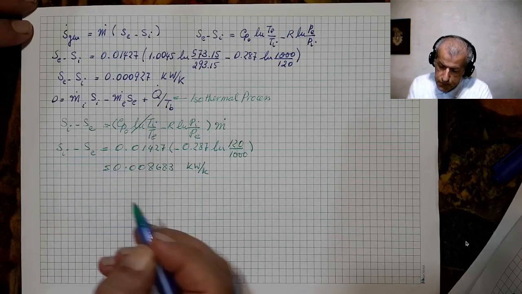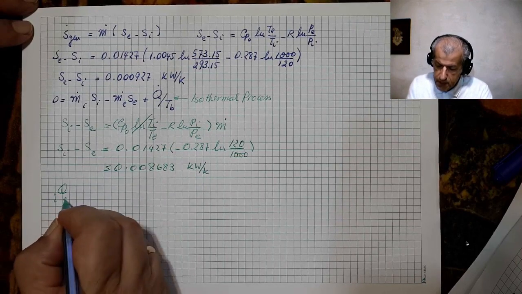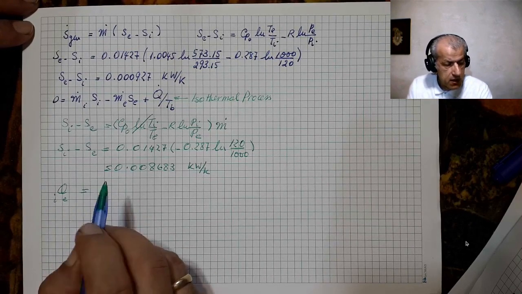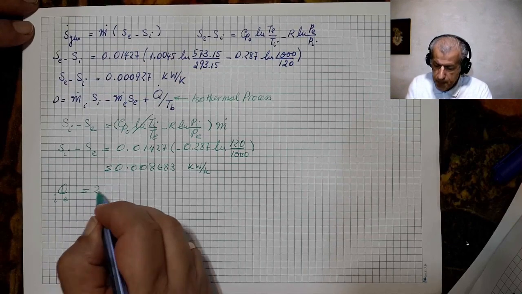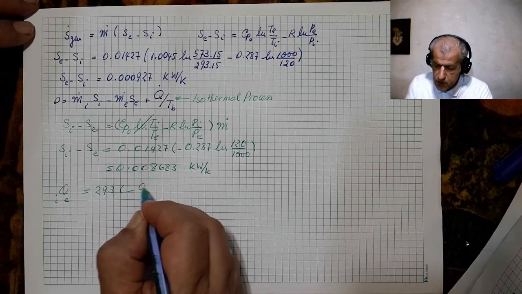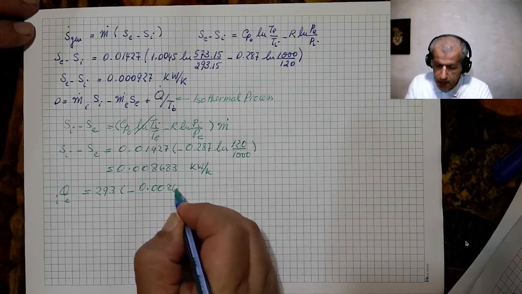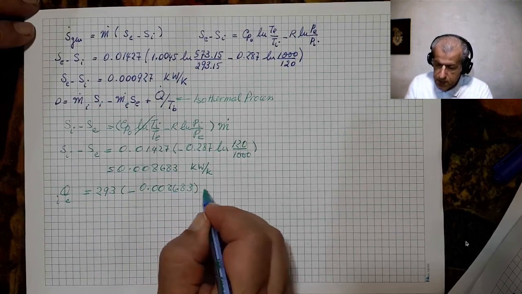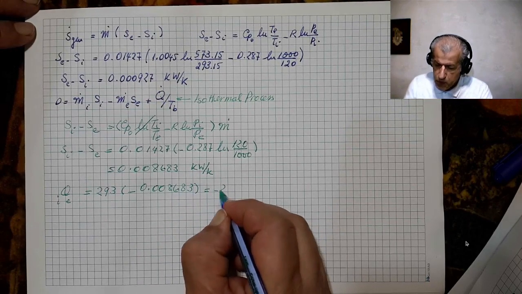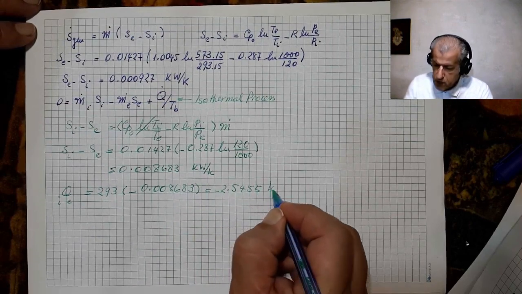Q between I and E for the isothermal process, which I am writing in green, is 293 times minus 0.008683, and the heat transfer would be minus 2.5455 kilowatts.